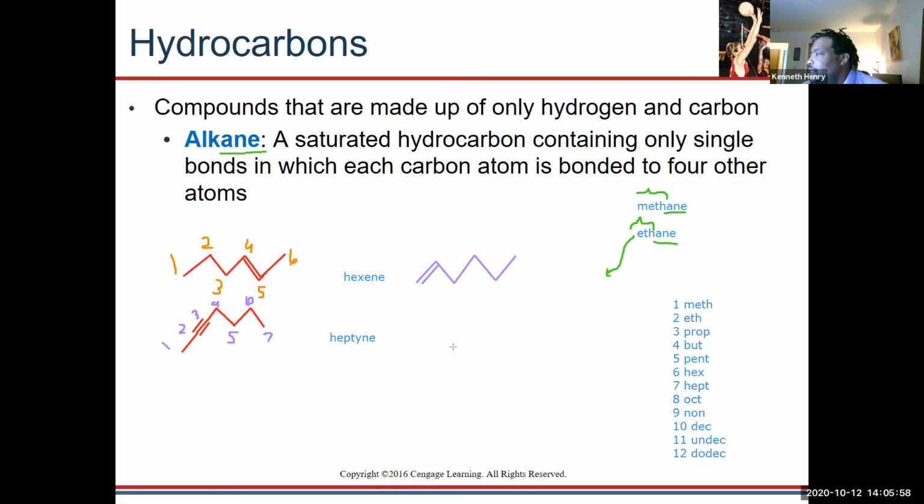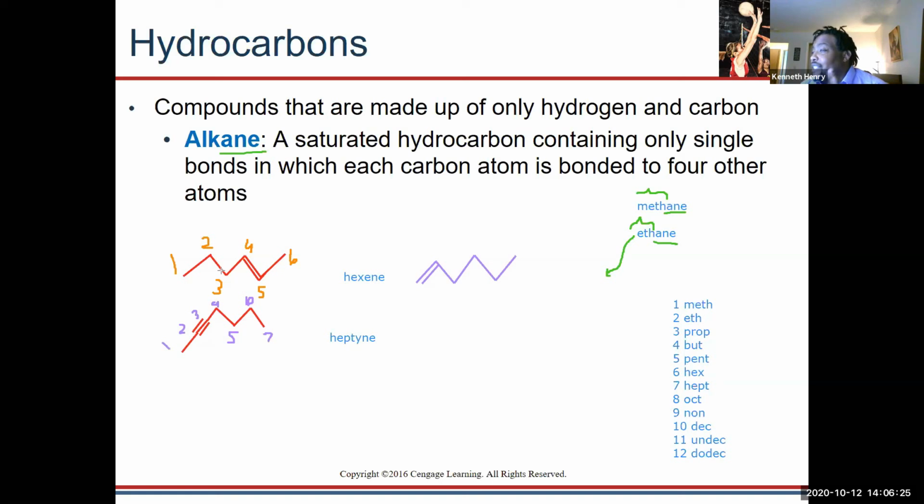Six and six? No, they're not the same. What's different about them? The double line is in a different place. So you mean that I have to keep track of where that double line is at? Because I did call this hexene, which it is hexene, but there has to be more to it than that, right? We got to let us know where that double bond is happening.